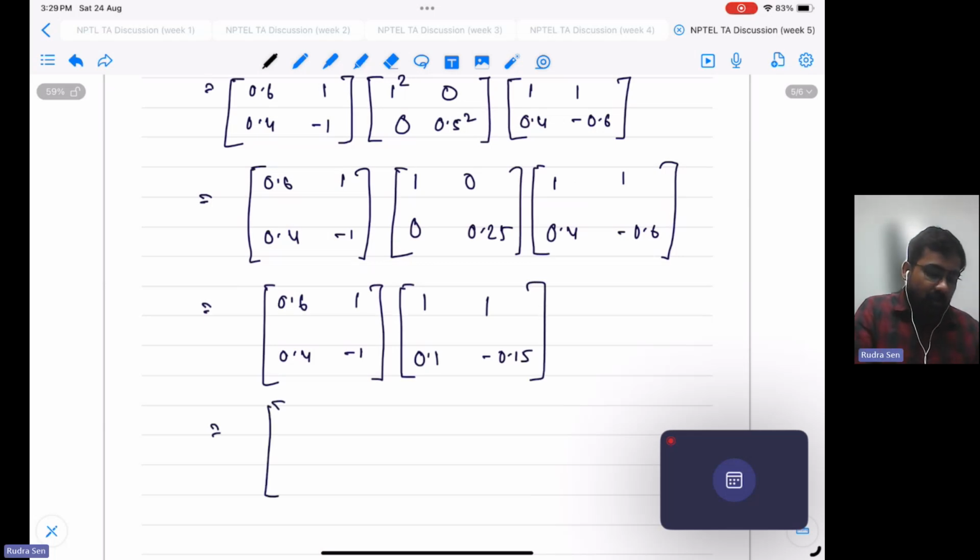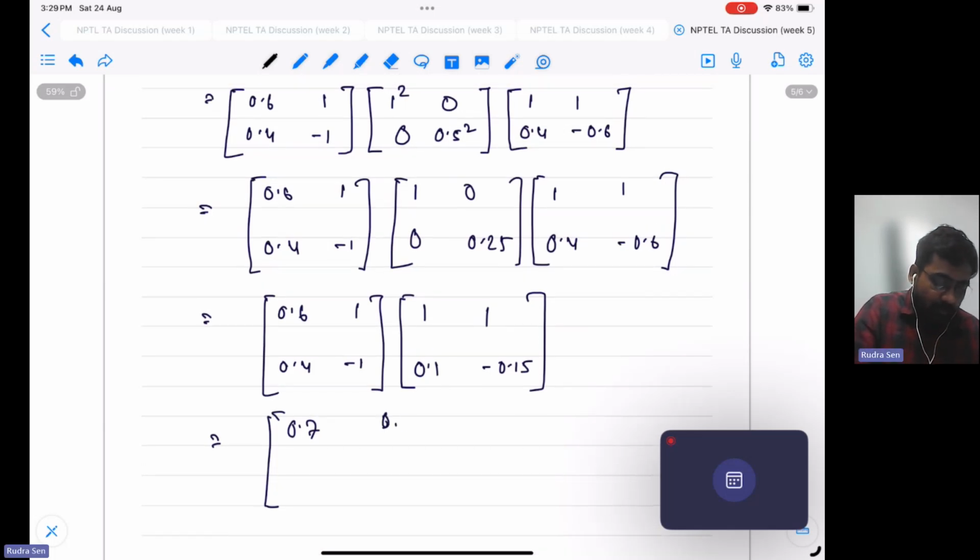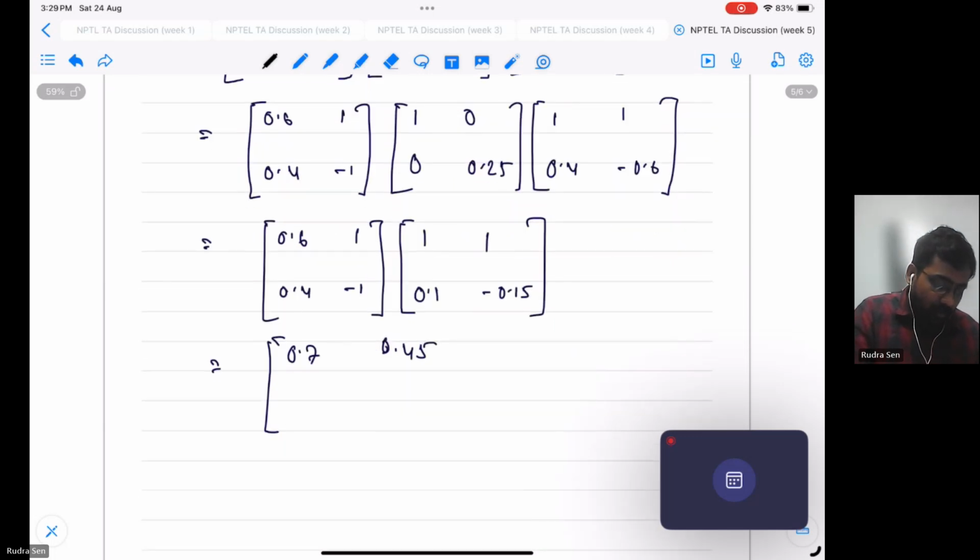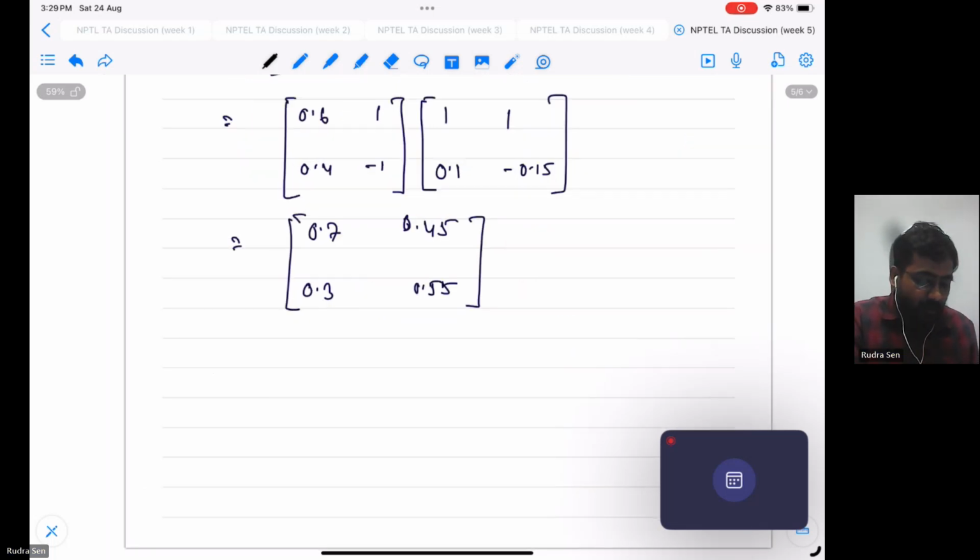And we will get 0.7, 0.45, 0.3, 0.55. So this is the value of A square we get, right?